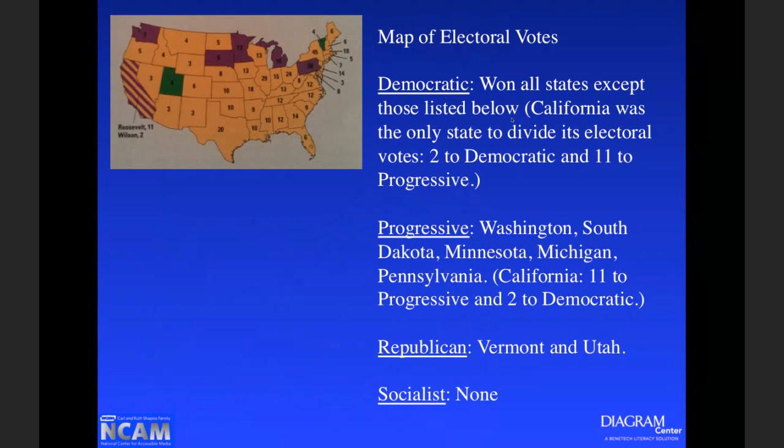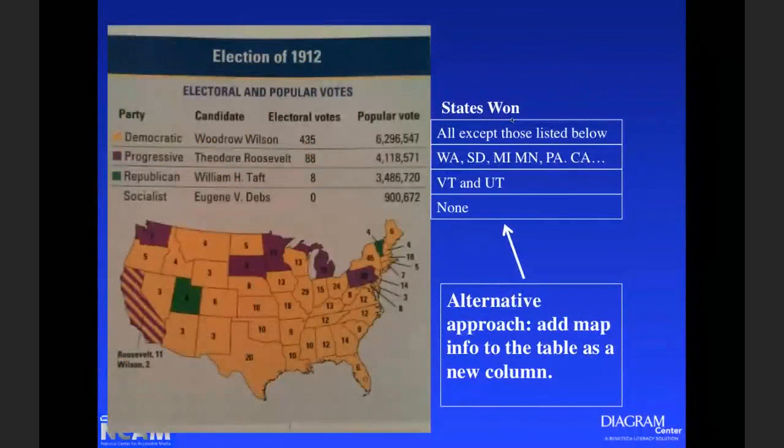The Republicans won 2, the Socialists won none. So here we're saying Democrats won all except for the ones we're mentioning specifically. So the choice is not to name all of the yellow states, it's to name the others and say, by the process of elimination, now you know which states went to the Democrats.